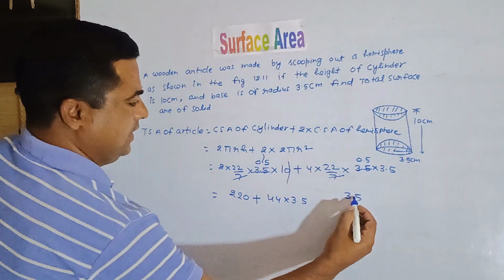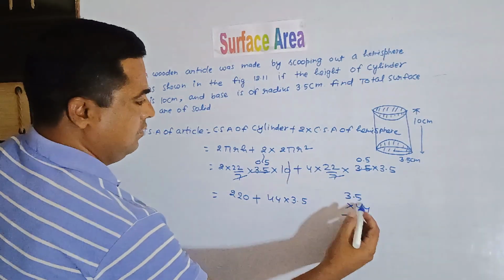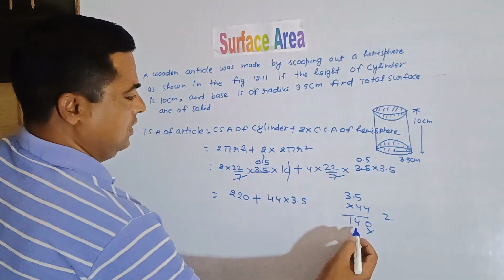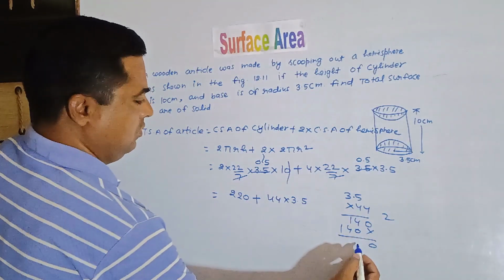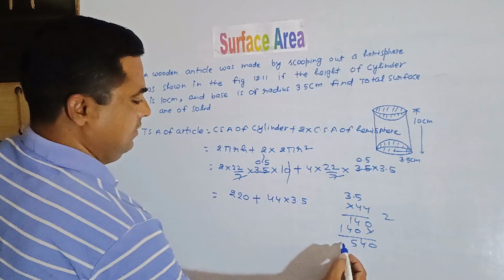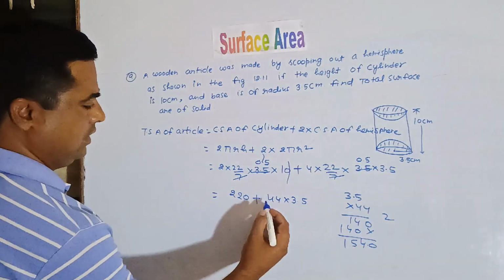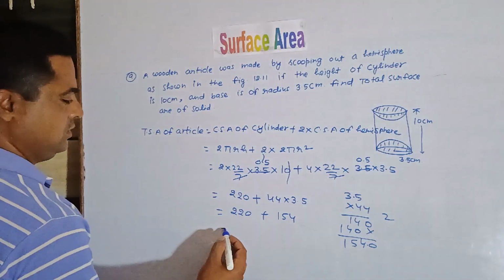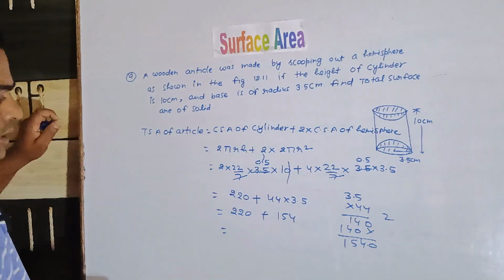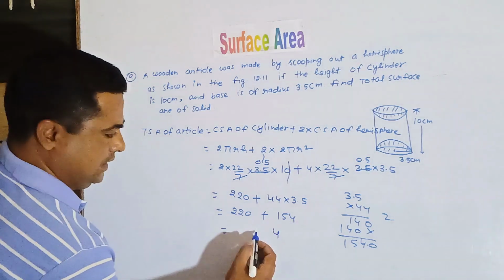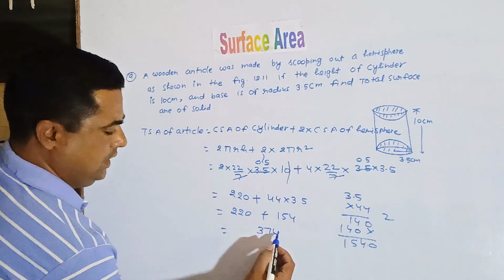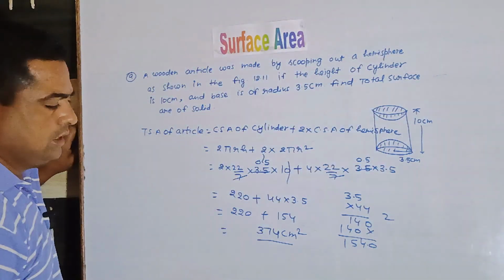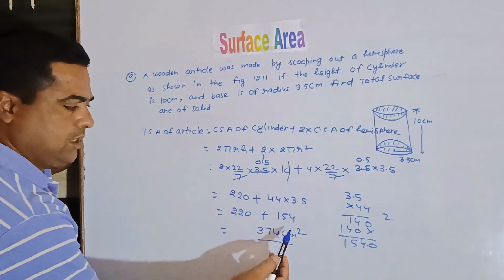So we can multiply here, 3.5 into 44, and after multiplying we'll get here 154 and 220. Students, when you add, you will get 374 centimeter square. So the total surface area of this article will be 374 centimeter square.